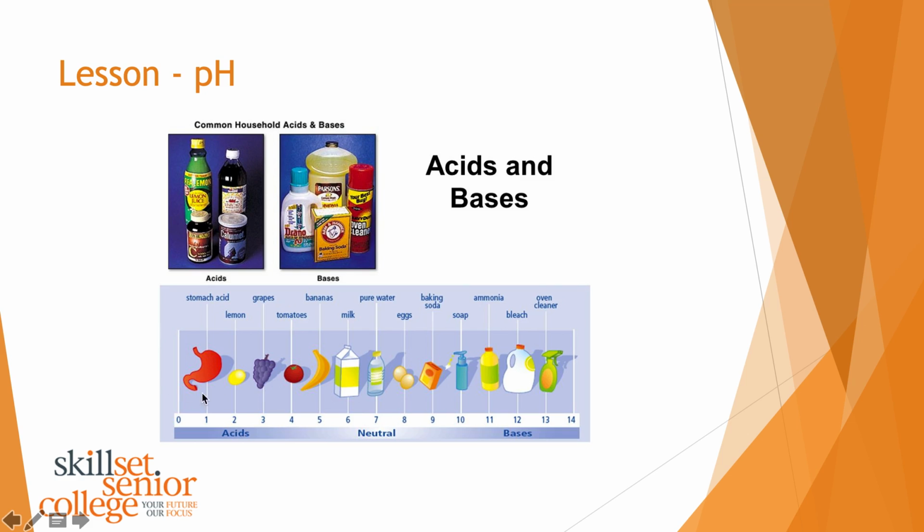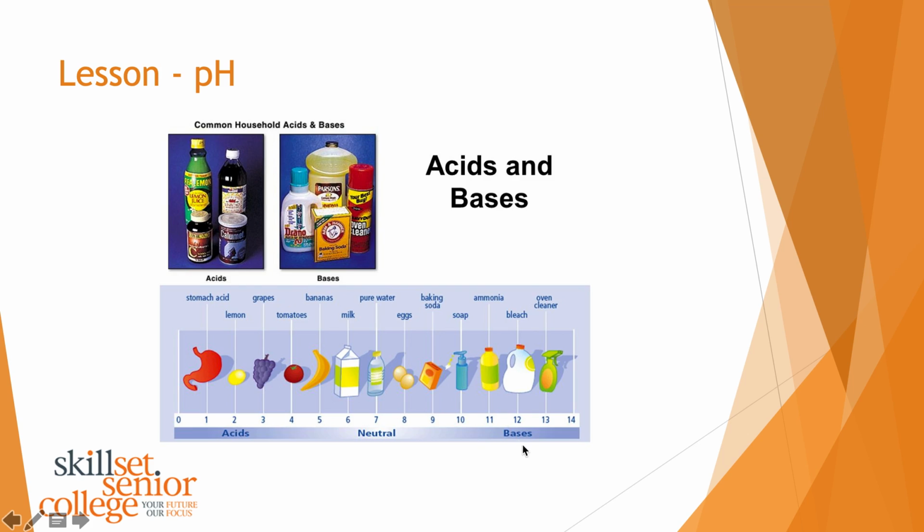So strong acids are way down, 1 being one of the strongest, which is hydrochloric acid, which we have in our stomach, and then we have really alkaline or base elements or compounds up this side here, like ammonia, bleach, and oven cleaner.